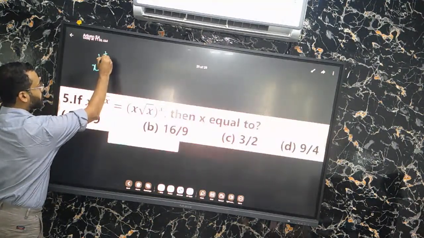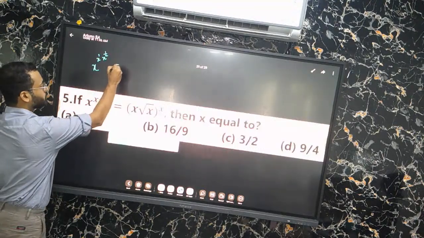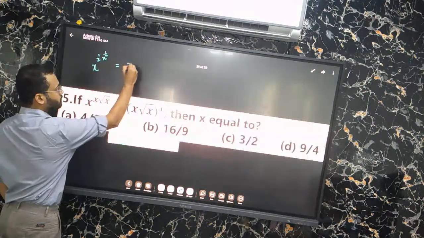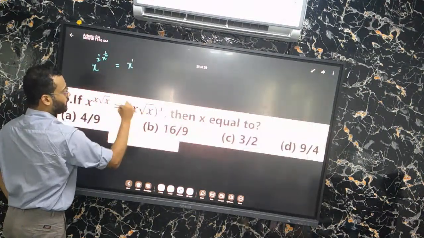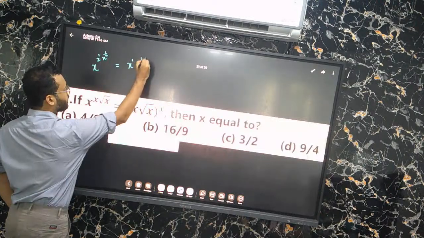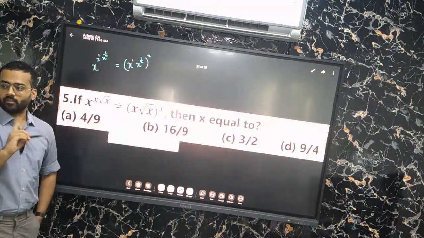First step. Second, over here, RHS: x power 1 into x power half, to the power of x.